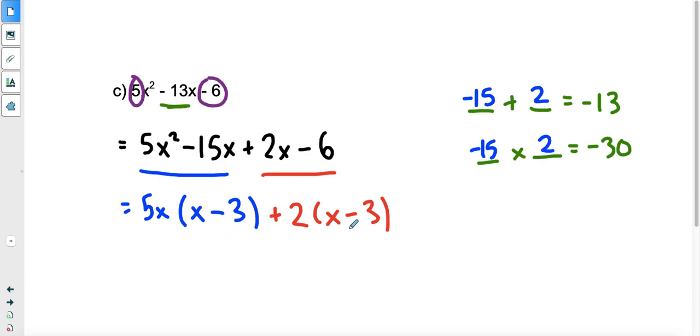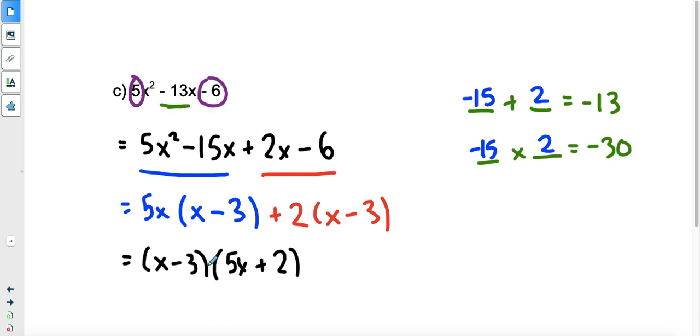I have an x minus 3 in common here, so I can common factor that out. And now in brackets beside that, I'm multiplying my x minus 3 by 5x and by positive 2. So there's my final answer.